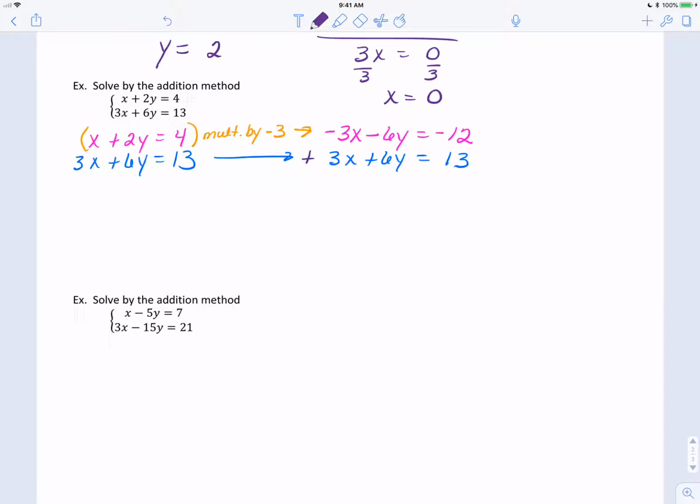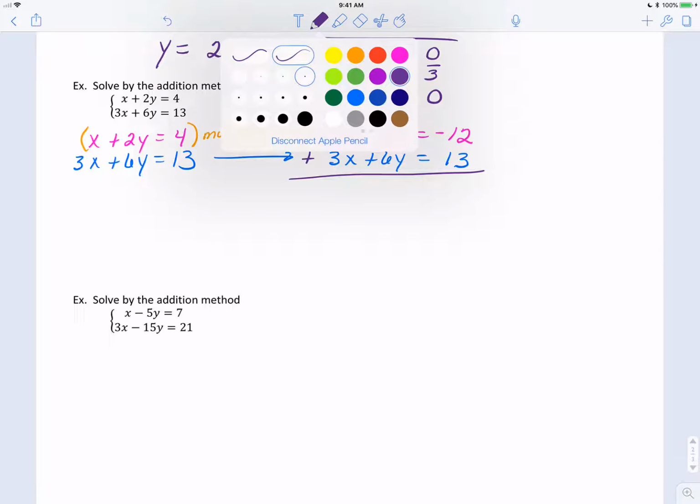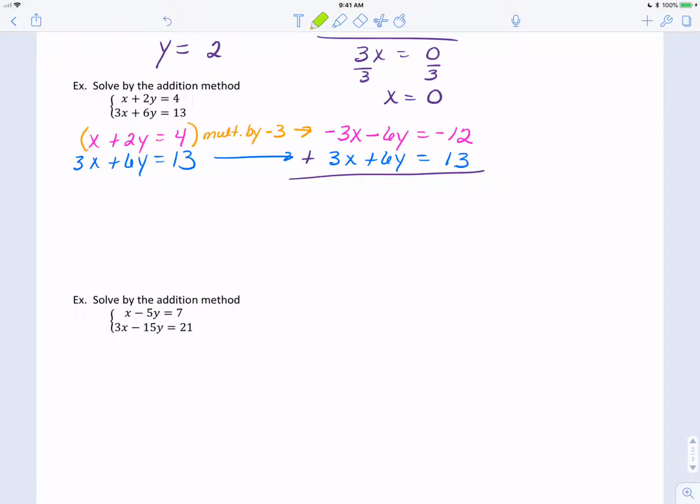So now we're ready to add those equations together. Well, look what happens here. If I have that negative 3x and a positive 3x, that becomes 0. But all my y's also are both 6's, positive and negative, so that's also 0. So everything on this side of the equation is 0. 0 is equal to negative 12 plus 13, 1.